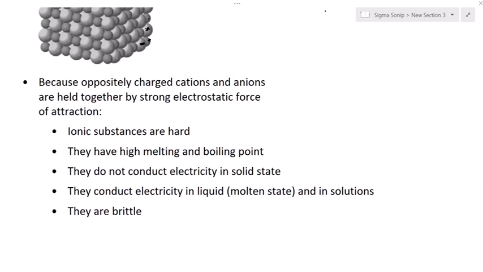That's why they are hard. They have high melting and boiling points. When we try to boil or melt substances, we are trying to separate these positive and negative ions, which are held very tightly, so we need to provide a lot of energy to separate them.